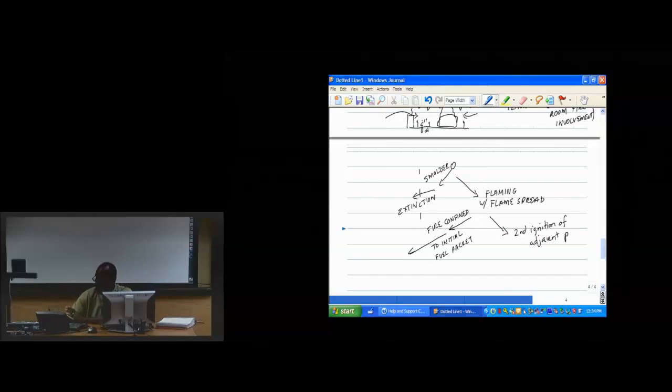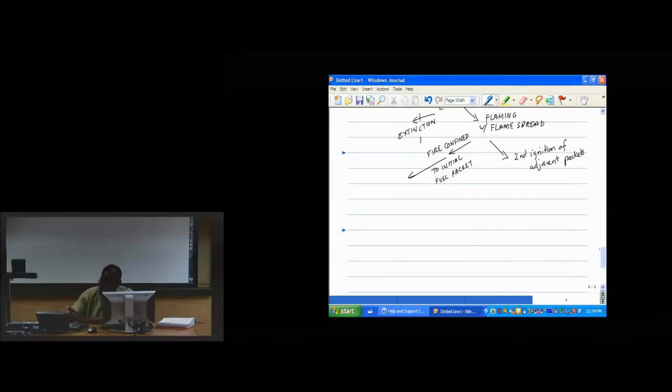And obviously, there are still paths where it may be simply contained or confined to just those two. And now all of a sudden, we can have an interesting process where it's extinguished, not necessarily because there weren't adjacent packets around it, but because the compartment is so well sealed that the amount of oxidizer consumed in the combustion process is so much larger than what flows in.